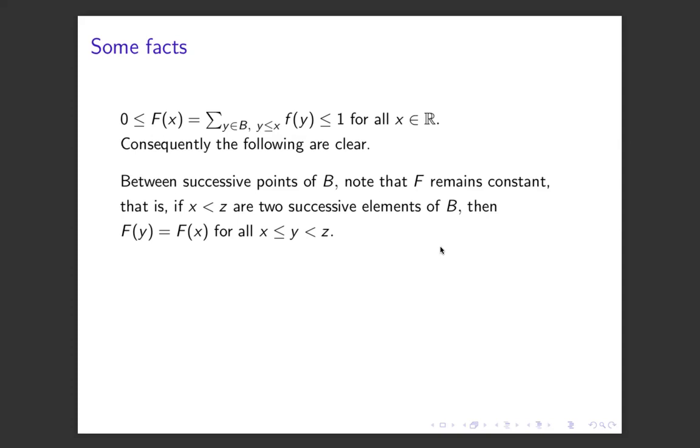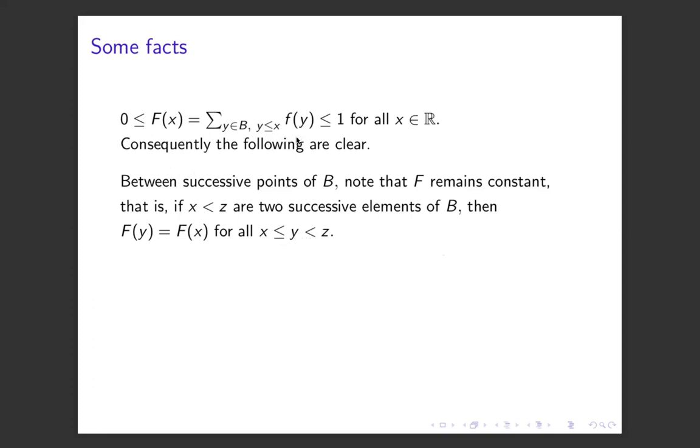I got it. But sir, why are you writing that F of y equal to F of x for all y? Because you are saying that there are 2 successive elements of B. But this is an increasing function, no? See here, let us say x is a point in B. Then that point will be included in this count. Now you go to a y which is bigger than x but strictly less than z.